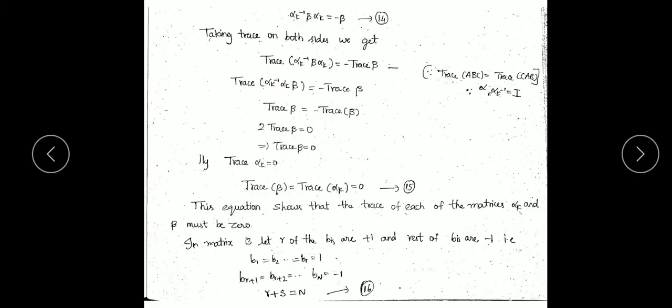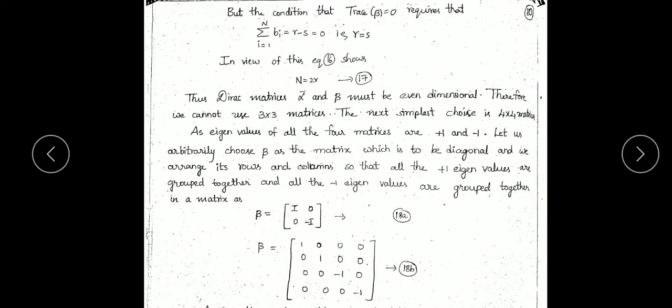So out of them, totally these n bi's are split into R bi's equal to 1 and S bi's equal to minus 1. So overall we would have r plus s equals n. And the next thing is, the condition that trace of beta equals 0 requires that.